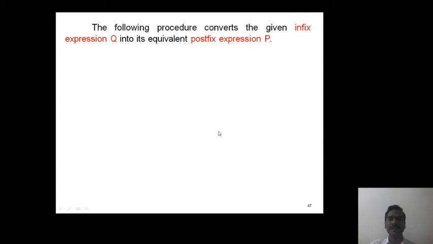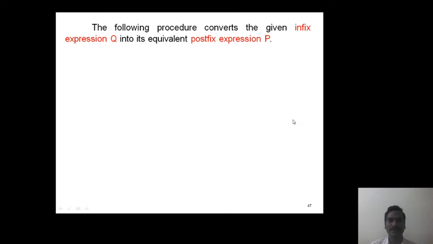Now observe this procedure. This procedure converts the given infix expression Q into its equivalent postfix expression P. Here Q is the input where the expression is available in infix notation and P is the resultant postfix expression.